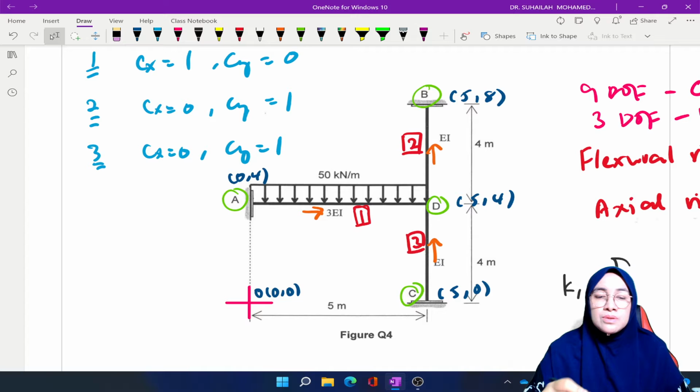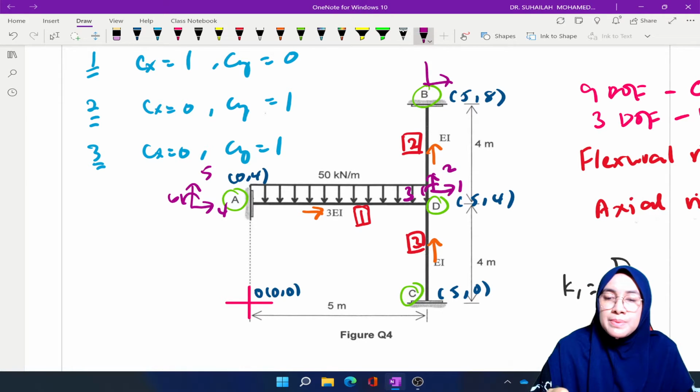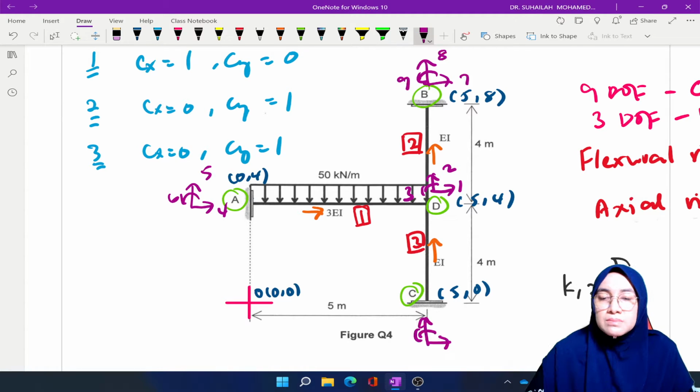At D we have 1, 2, 3, and then at A we continue with 4, 5, 6, and then continue at B with 7, 8, 9, and continue with 10, 11, 12.